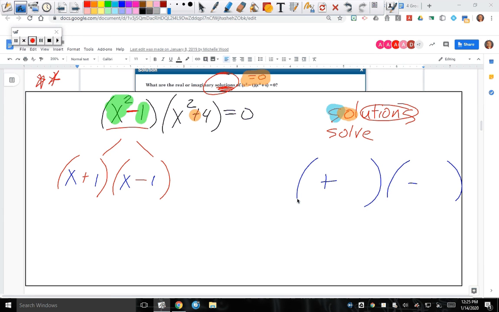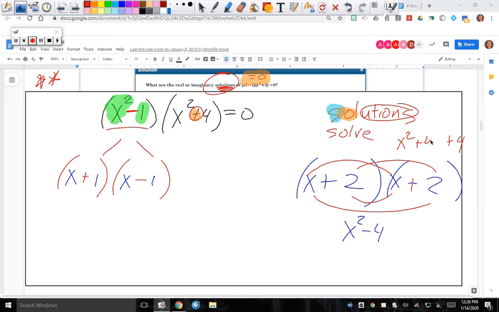If I did this, x squared would be x, the square root of 4 would be 2, I would have x squared minus 4. And some of you are saying, well, Mr. Gomez, you have to make this positive because that's a positive. If you did, check this out. This would give you x squared, the last would give you 4. But now I just created a b term that was not even there.